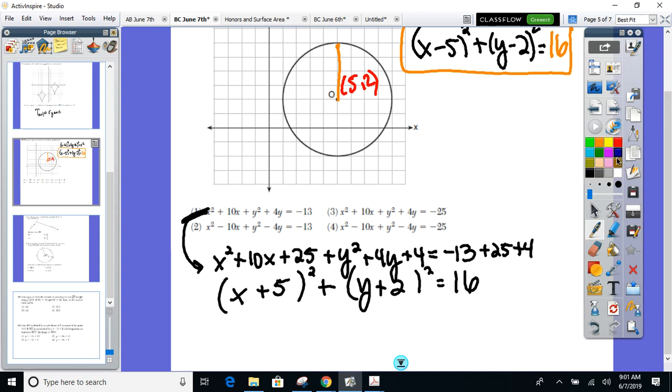Choice 2. Why? Now you're going to take not half of positive 10, but half of negative 10. That'll give me minus 5. And then you take half of negative 4, which gives you negative 2. And the right side gave us 16. So it's choice 2.